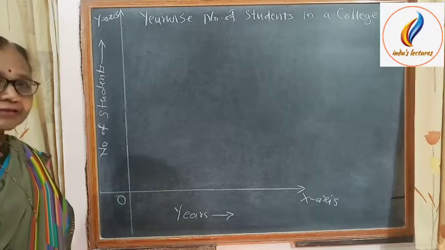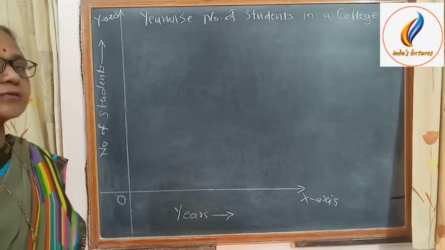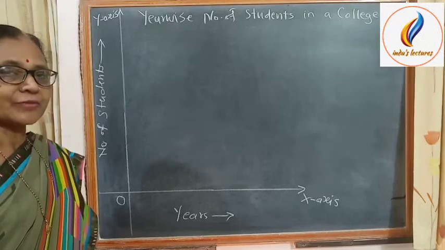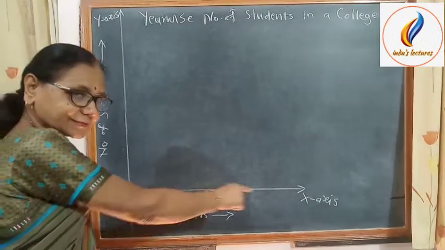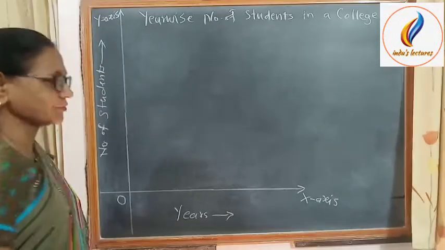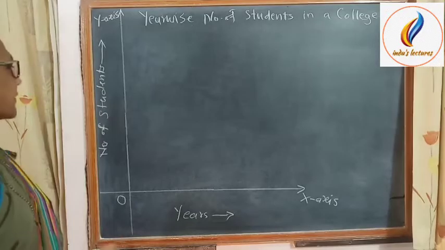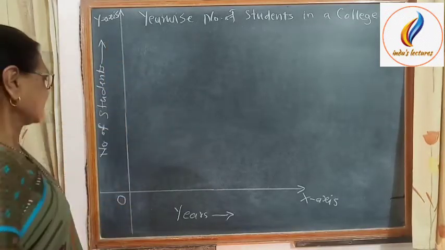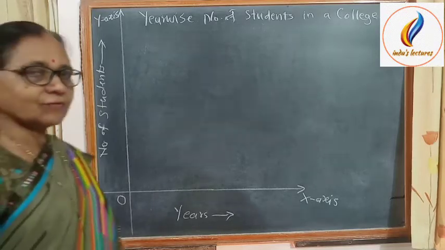Now the next rule is to choose the proper scale. Along the x-axis we have taken years, and along the y-axis the number of students. So we will write the scale.